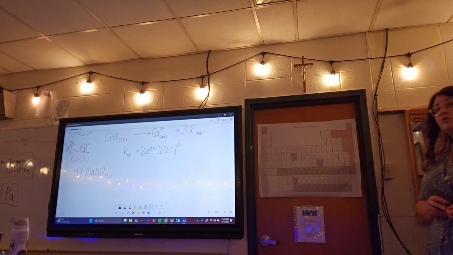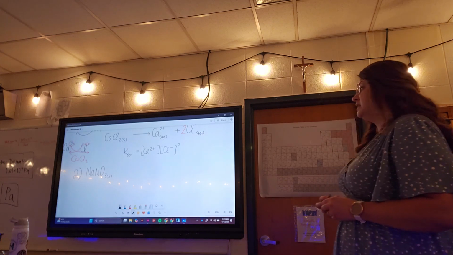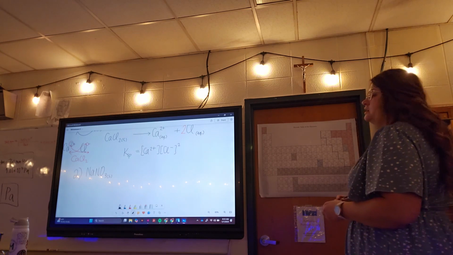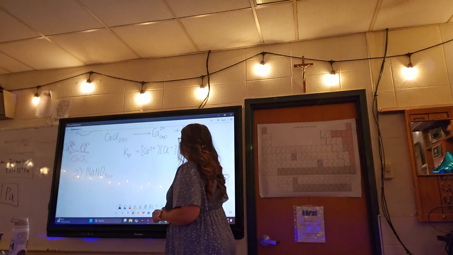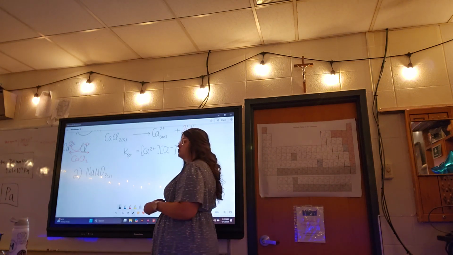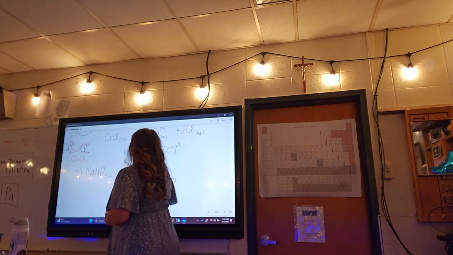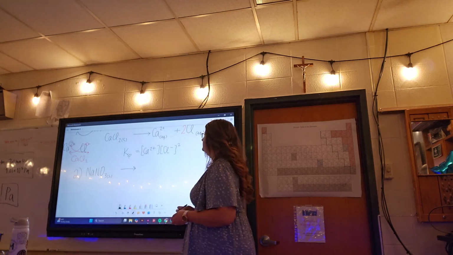Now, if you have more than 3 capital letters in any compound formula, it means that you have something from your hot pink sheet. It means that you have a polyatomic ion, always and forever, amen. So that means that if you don't have all of the charges and what they look like memorized, be good friends with your pink sheet. Okay, so this is my one and only reactant.